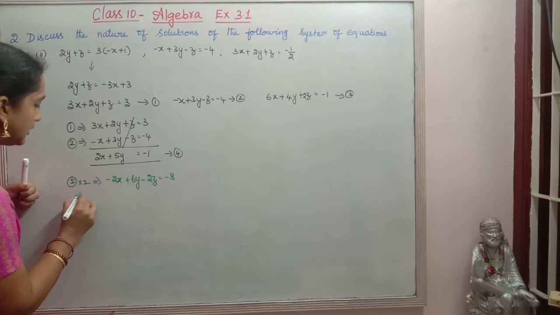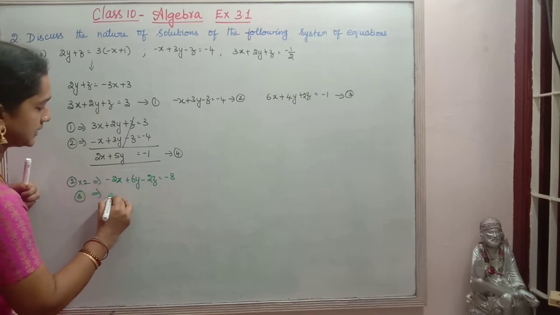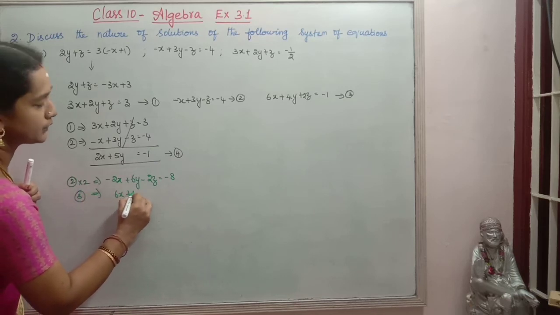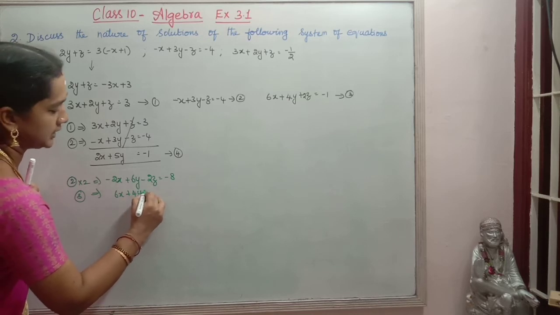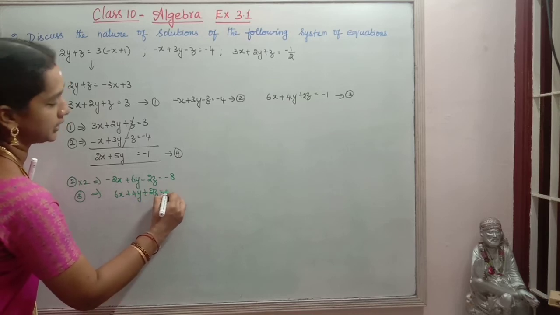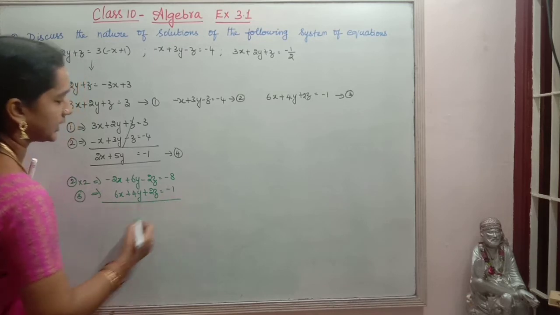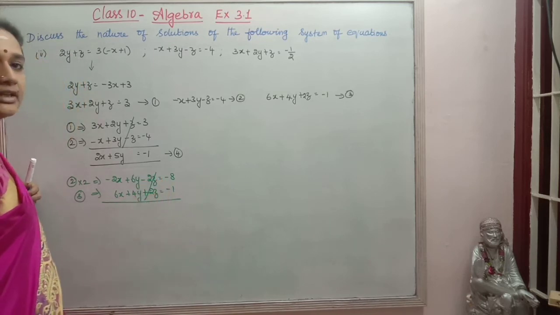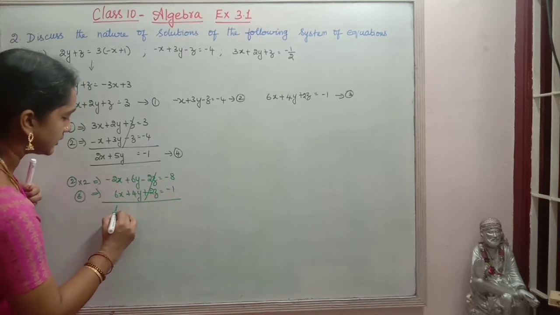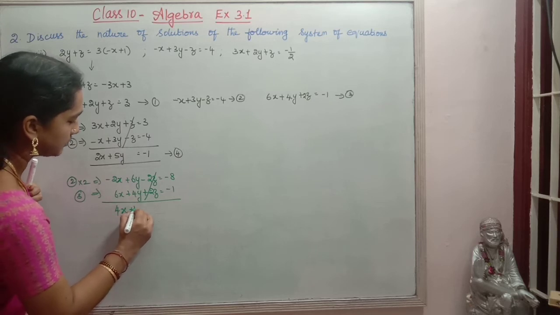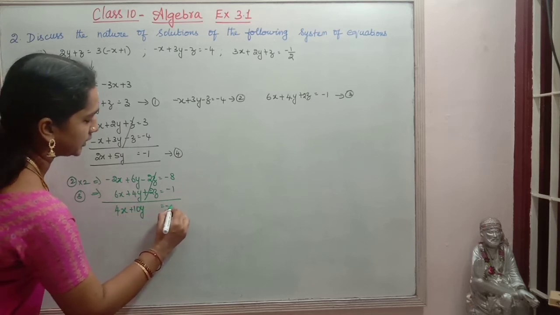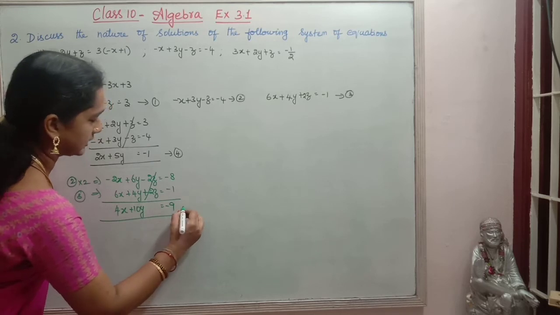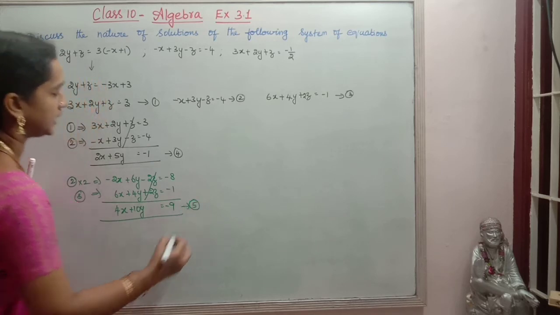Then third equation is 6x plus 4y plus 2z is equal to minus 1. When I simplify, plus 2z minus 2z will get cancelled. So here 4x plus 10y is equal to minus 9 I get. So this is the fifth equation.